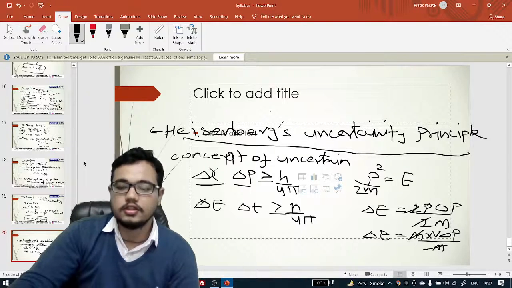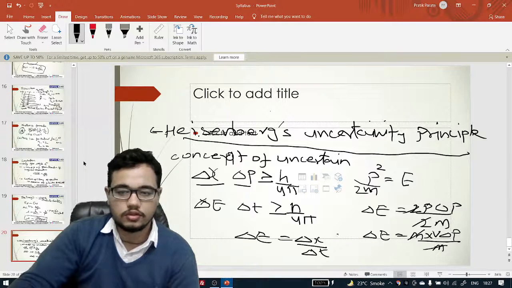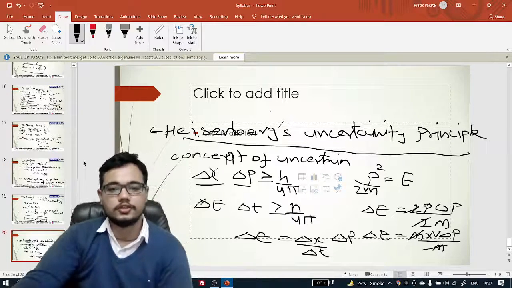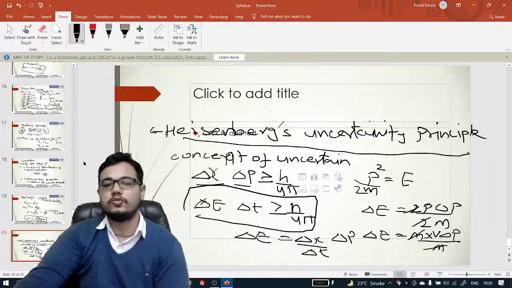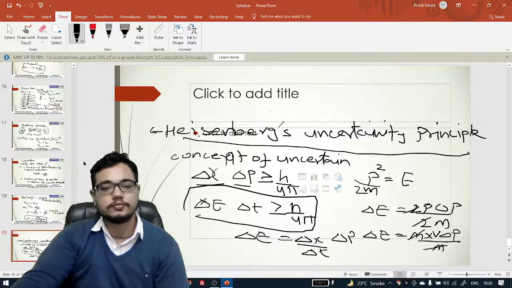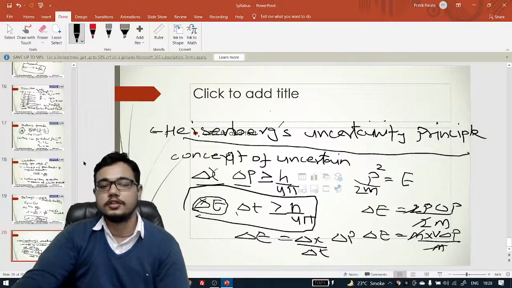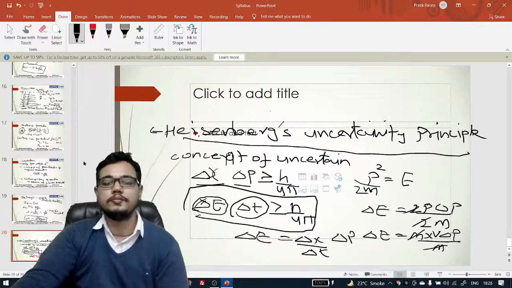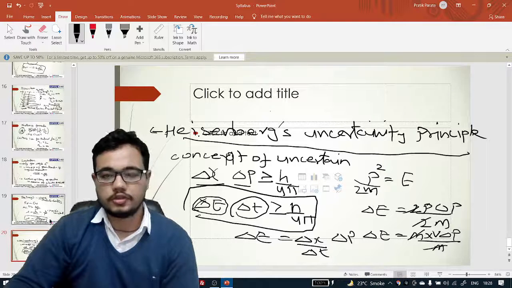This gets cancelled. Now velocity is delta x by delta t. So delta E is equal to delta x by delta t into delta p. From here we get delta E into delta t is greater than or equal to h upon 4 pi. So if in the question they give you the uncertainty in calculation of energy, you can tell the uncertainty in time. So this is Heisenberg uncertainty principle.